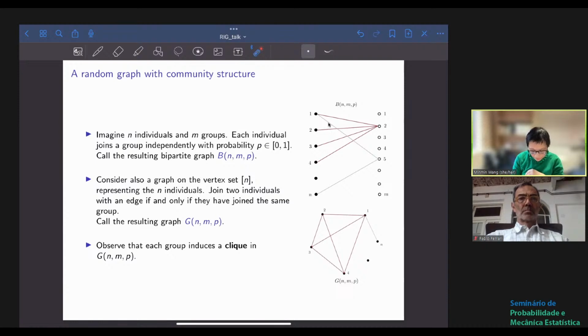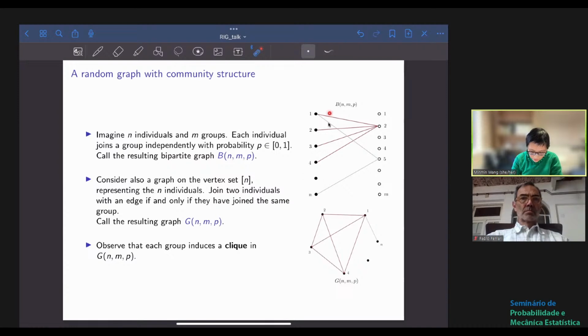So you might say there are n individuals and m groups. I'm going to build a random graph by letting each individual join a group independently with probability p. On the right-hand side, I have an example of such a bipartite graph.